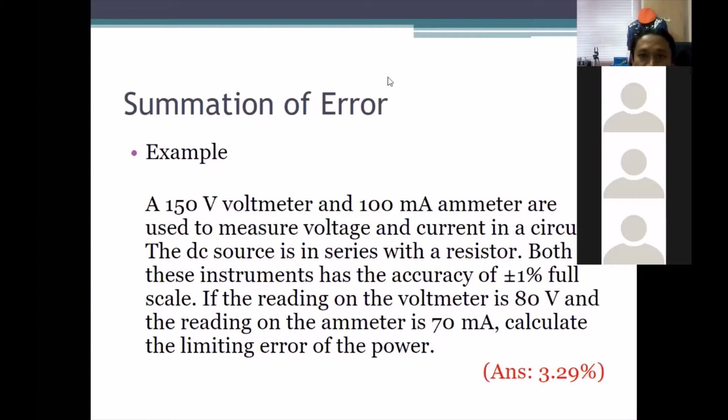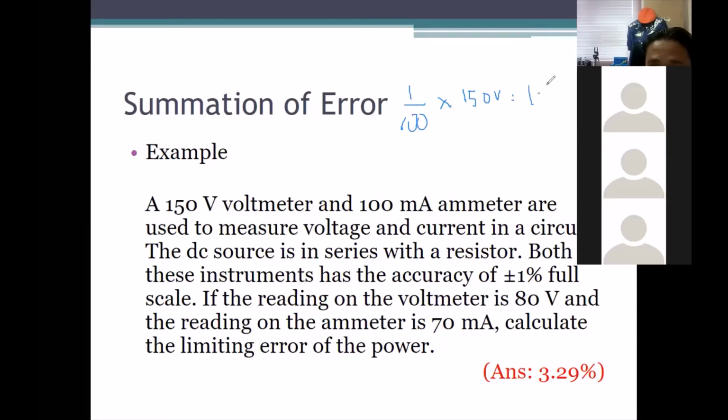So for example, this one 1/100 multiplied by 150, 150 volt. So the answer is 1.5.